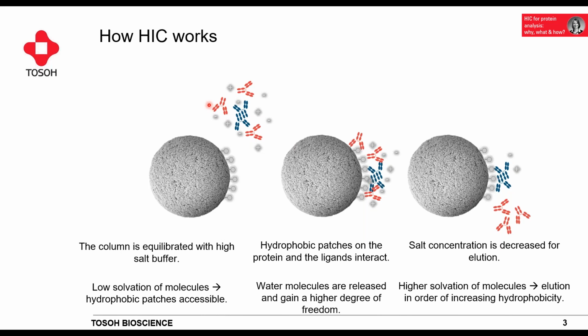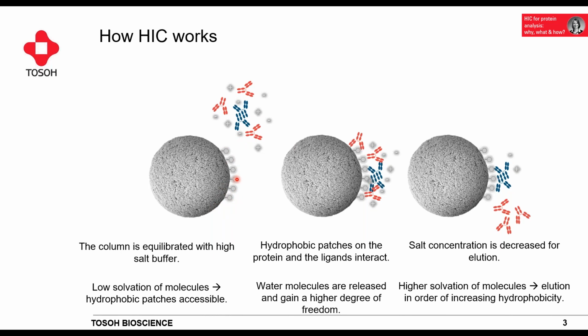This high salt concentration leads to the fact that our molecules are hardly solvated, and all of the hydrophobic parts that we find on the surface of our molecules, on our proteins for instance, are accessible. The same is true for the hydrophobic surface on our stationary phase.